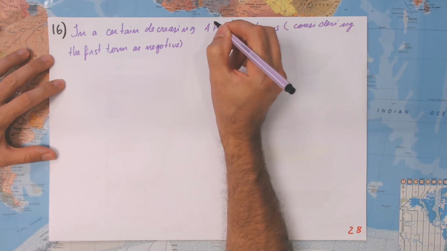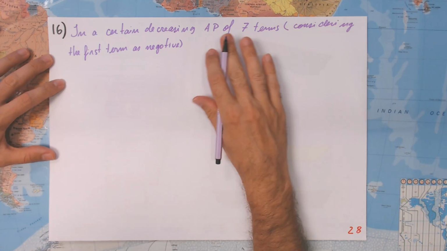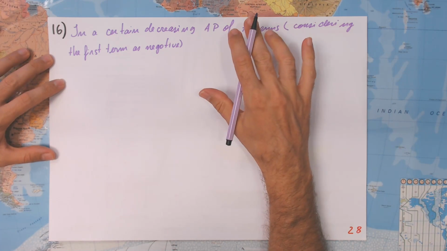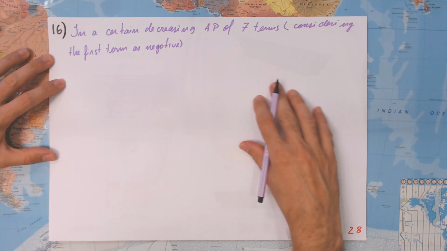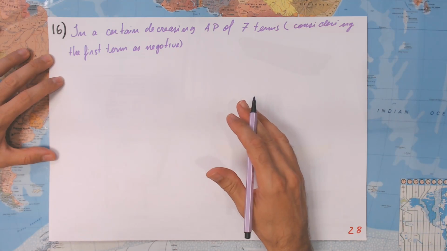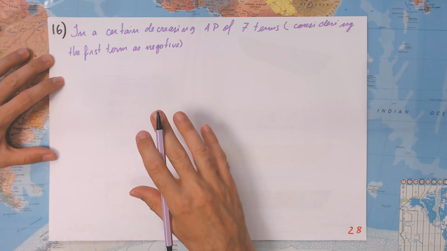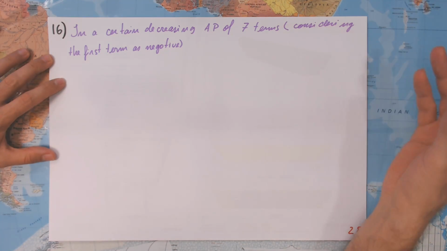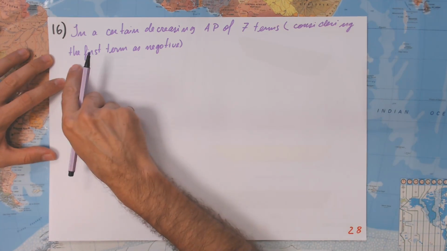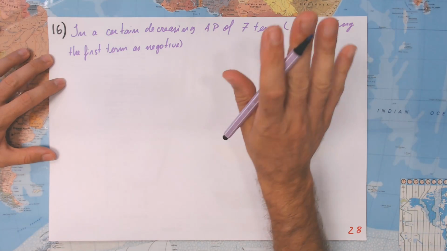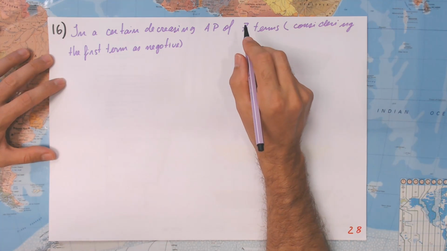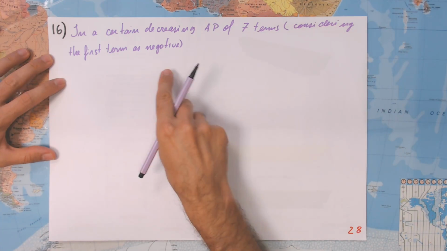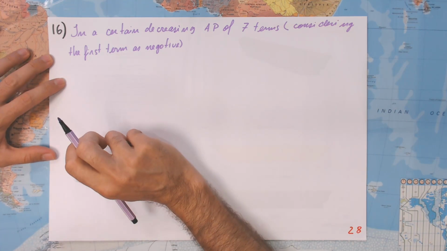It's a little information about our arithmetic progression, because maybe along with the resolution you will have to decide between two possible scenarios, and the scenario we want you to consider is the first term must be negative. Okay, now we have this arithmetic progression, 7 terms, starting with a negative value.